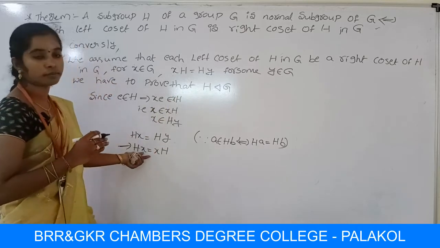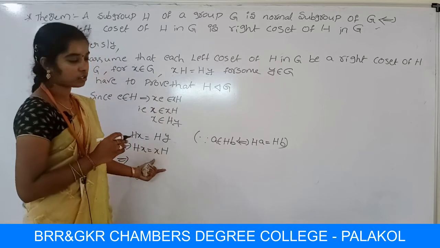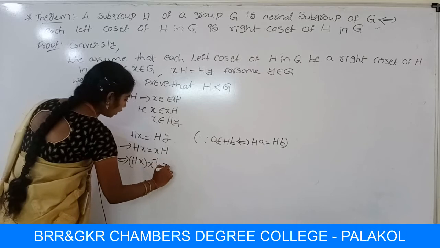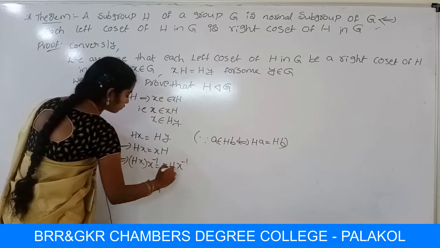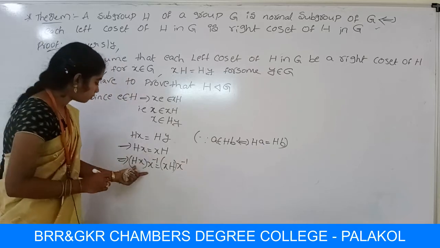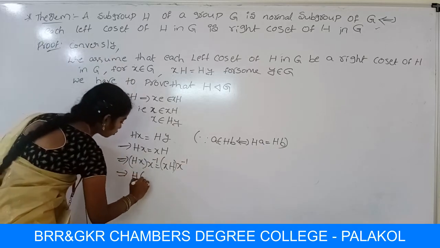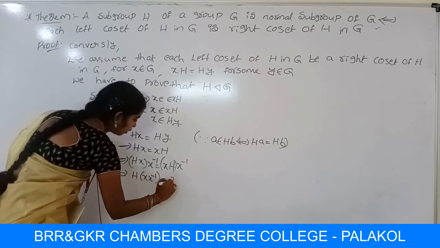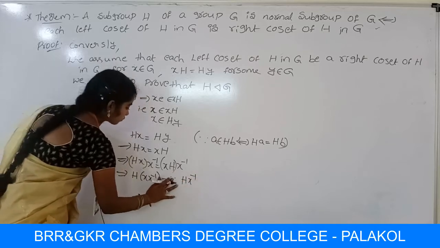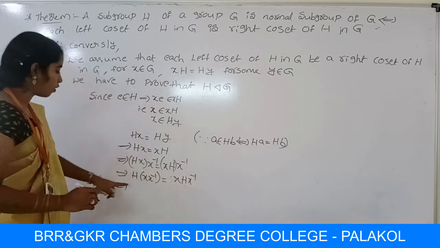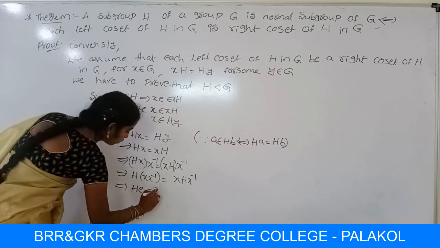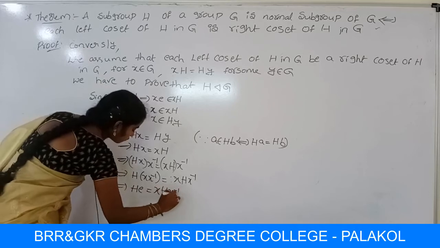So multiplying on both sides, right by X inverse. So HX into X inverse equal to HXH X inverse. Changing the brackets, H into X inverse equal to X into HX inverse. So already you know that X into X inverse value is E. So H into E equal to XHX inverse.